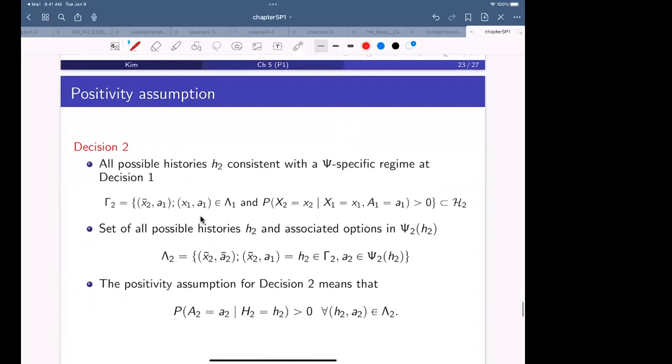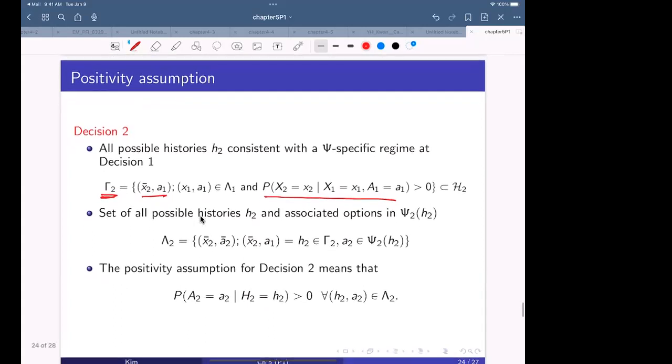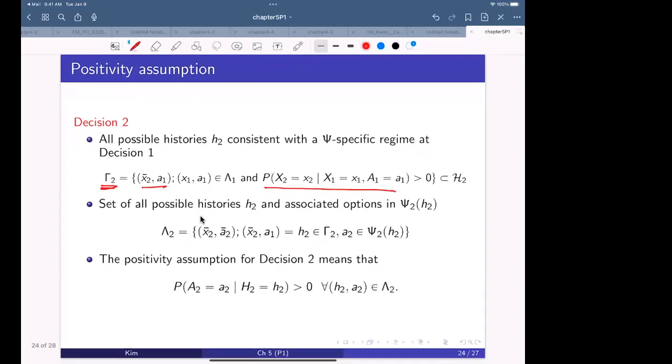And decision two, the history. So gamma two is the set of possible histories where the probability of this particular history should be positive. I think this is just to make the argument formal and clear.